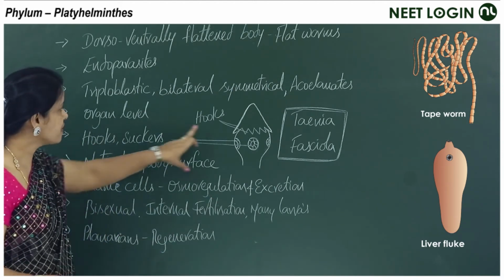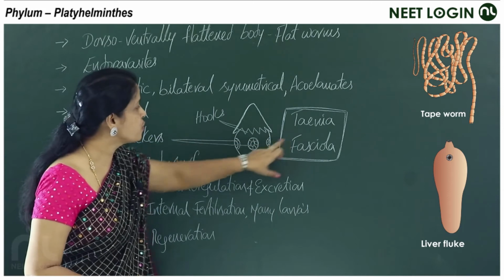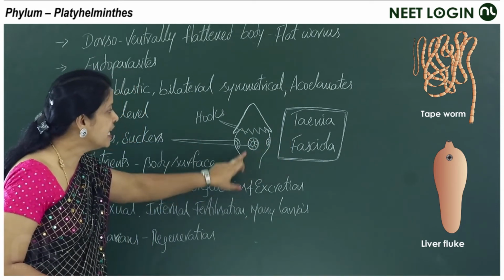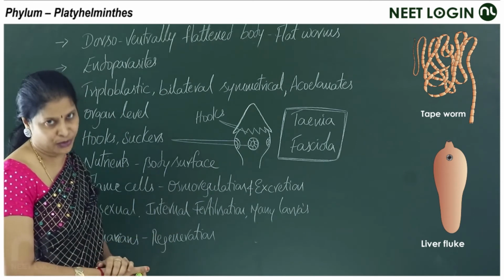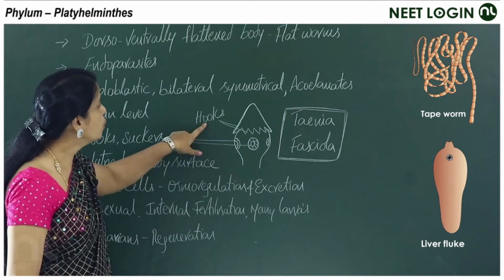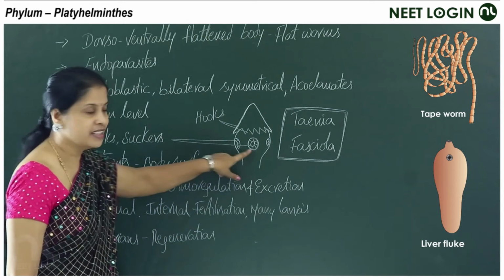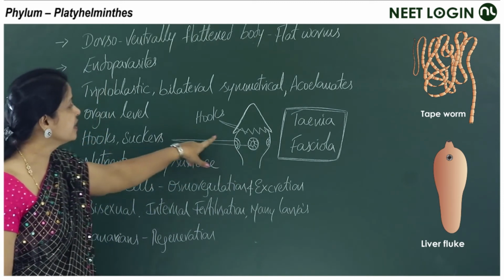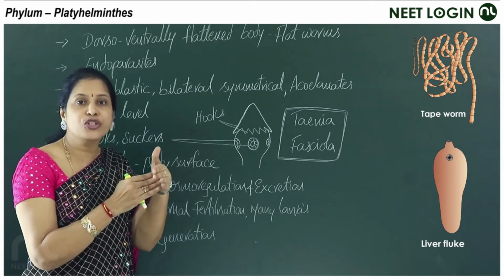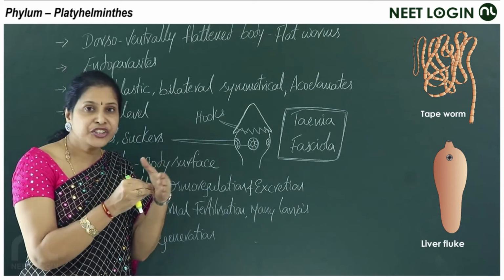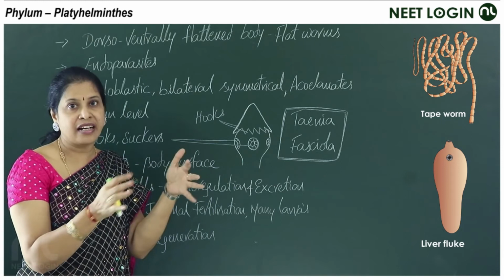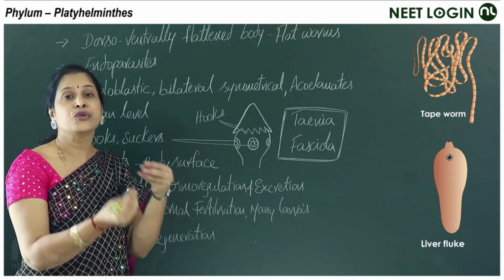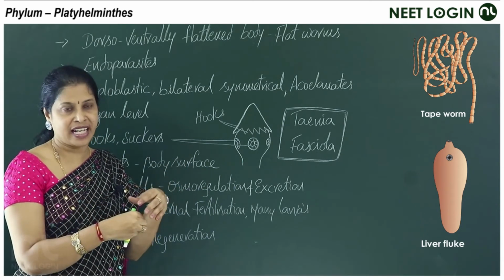Coming to some of the parasites like Taenia solium, the tapeworm, in order to lead a parasitic mode of life, they have hooks and suckers to attach to the host body for adhesion, to act like a hold fast. These are hold fast organs to lead an endoparasitic life.